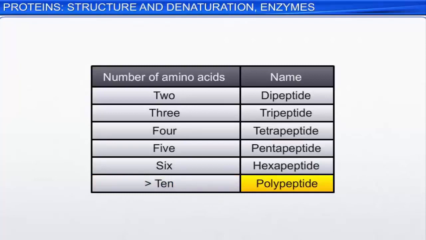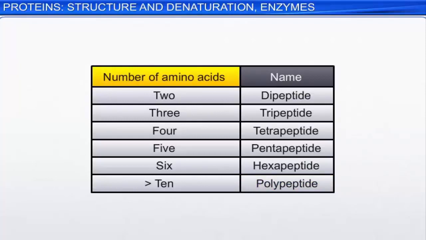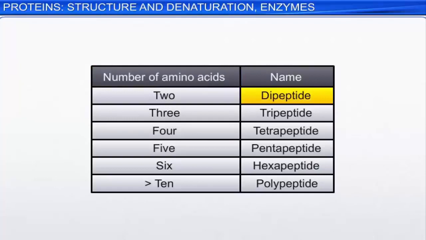Thus, depending upon the number of amino acid residues present per molecule, peptides are classified into dipeptide, tripeptide, tetrapeptide, and so on up to polypeptides.